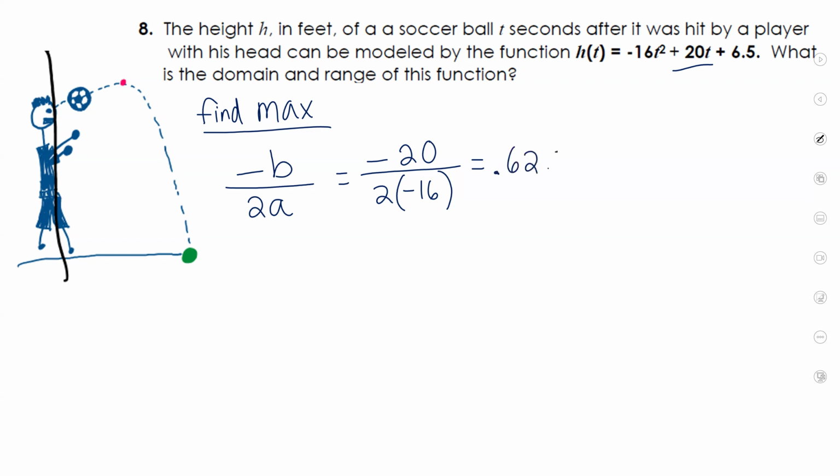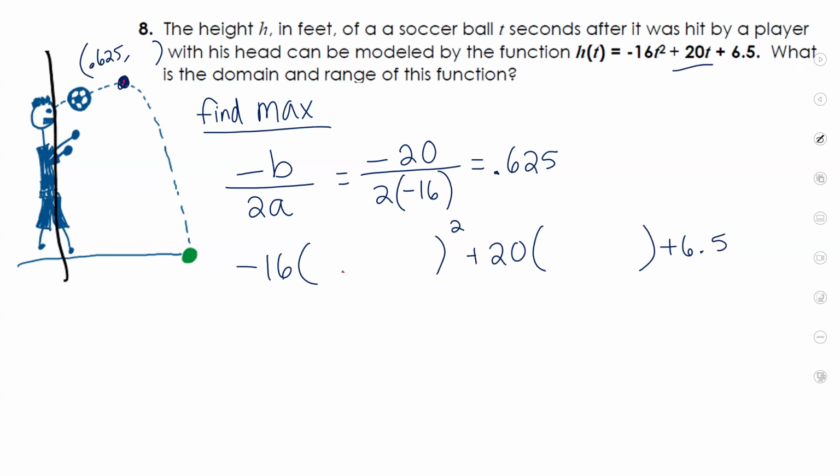0.625. That's how long it takes to get to the highest point. How do I figure out the actual highest point? Yes, exactly. So here's my equation. Negative 16. Plug in 0.625.